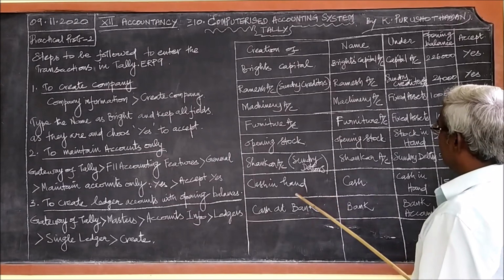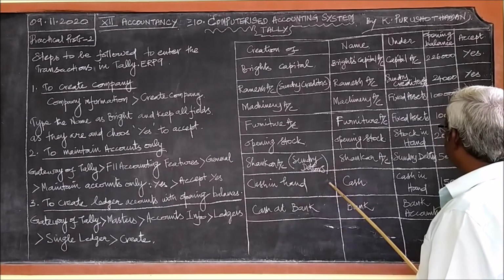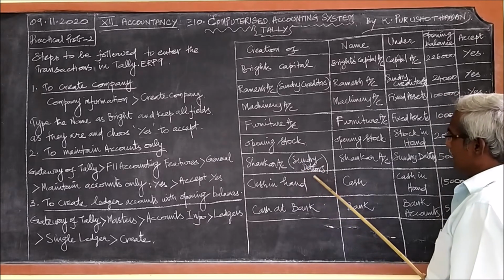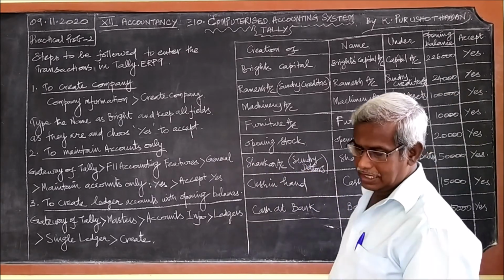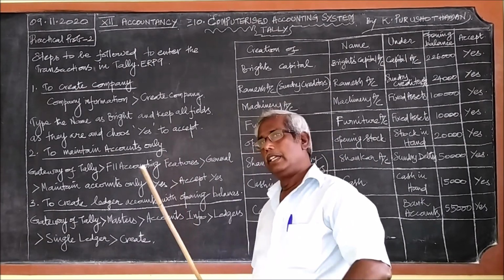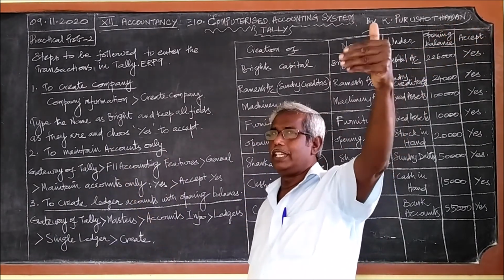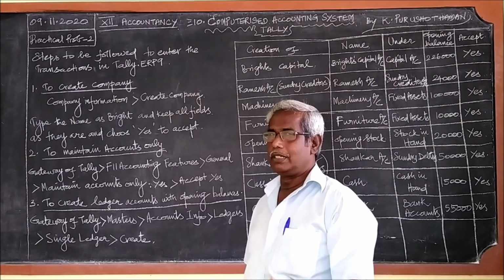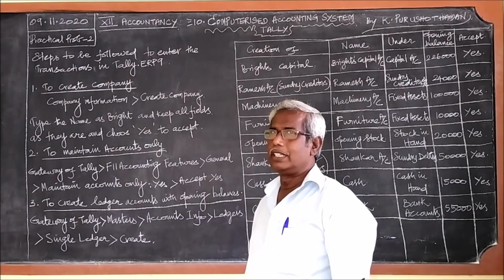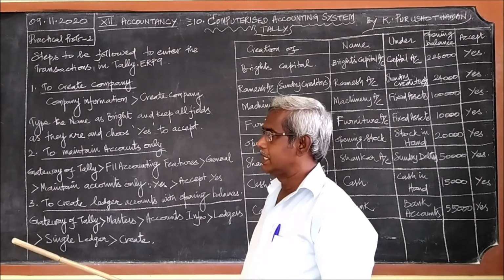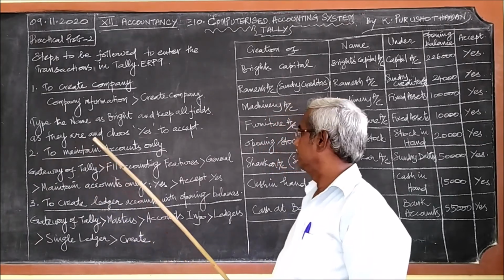Okay, then the next one is Sankar account. Who is Sankar? On the asset side, the name is given, so it must be a debtor. If a name is given on the liability side, it may be a creditor, or the capital of a particular person. But if the name is given on the asset side, then he must be a debtor, because only a debtor is an asset.